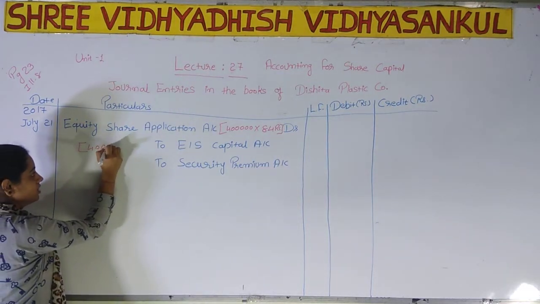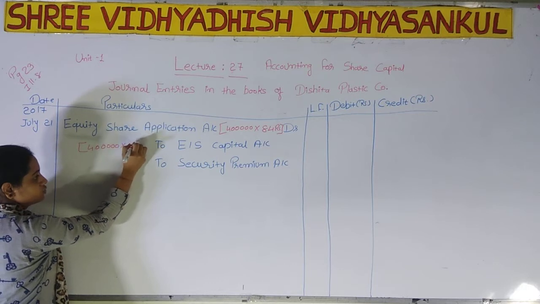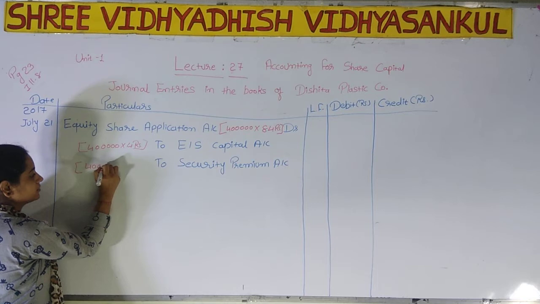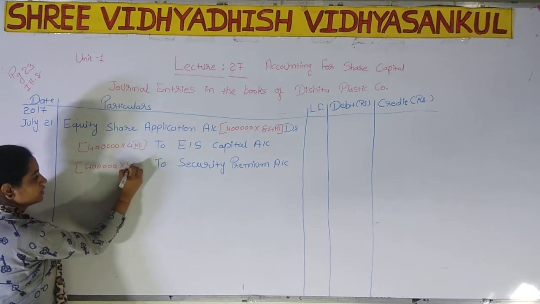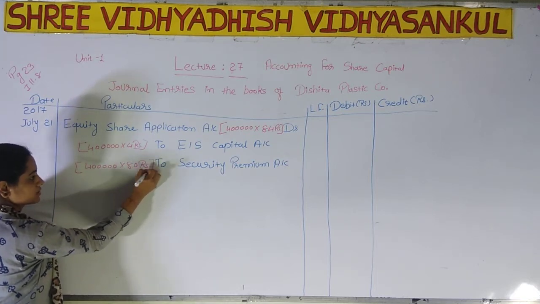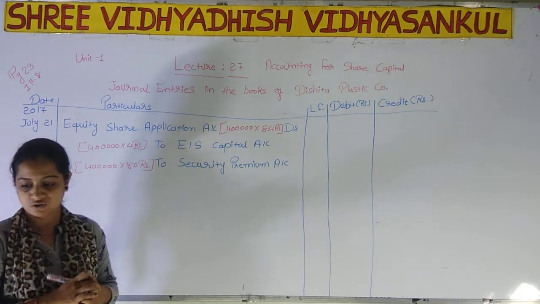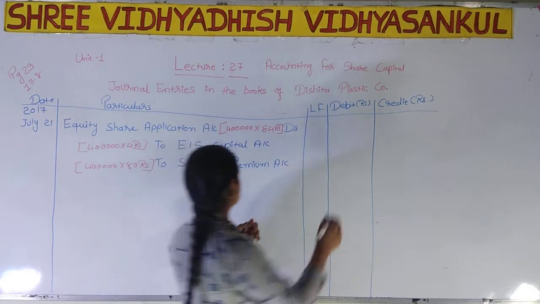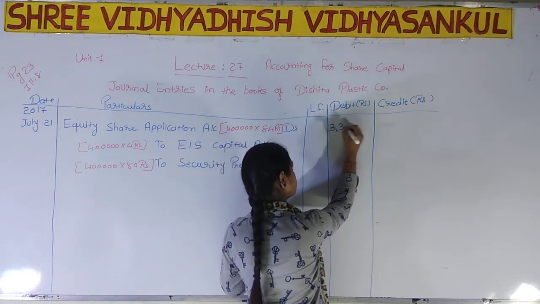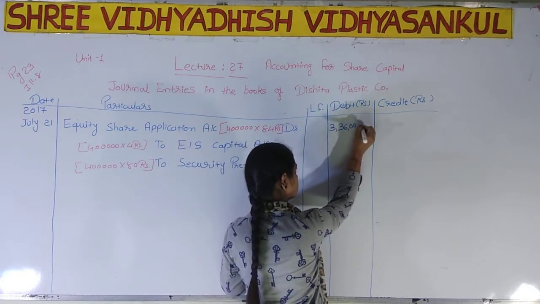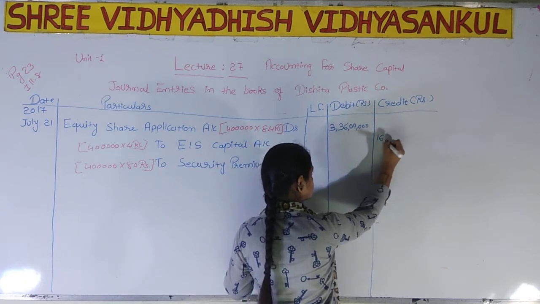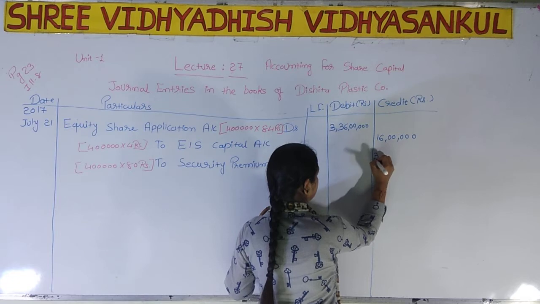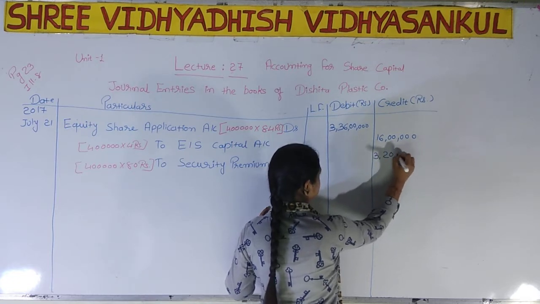So here the amount will come 4 lakh into 4 rupees, and here 4 lakh into 80 rupees, right? And the amount will be 3 crore 36 lakh, here 16 lakh and 3 crore 20 lakh.